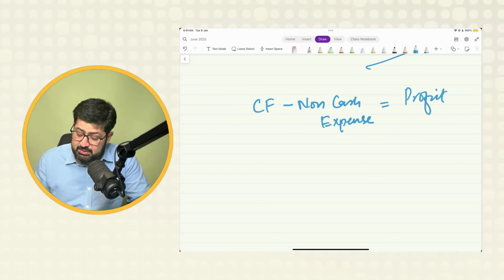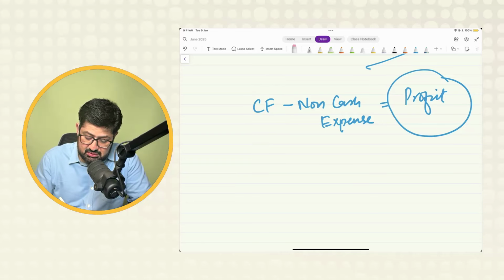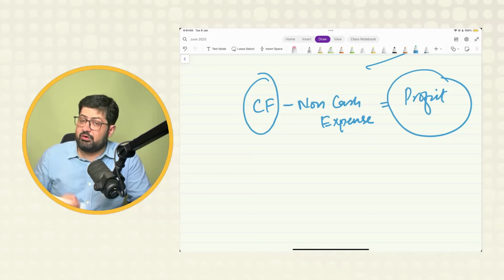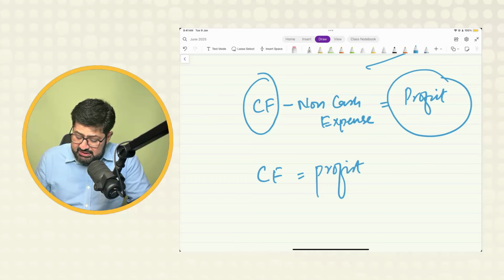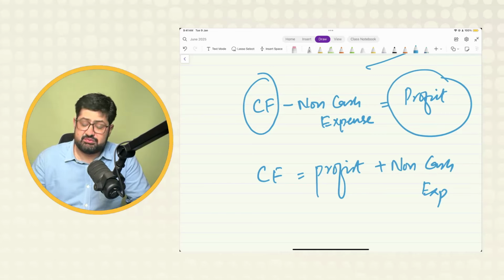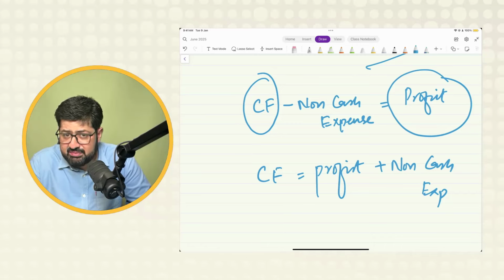This is the linkage between profit and cash flows. We can rearrange this equation as well. Cash flow, if we want cash flows, is profits plus non-cash expense. So we get cash flows interchangeably. This should be very much clear.